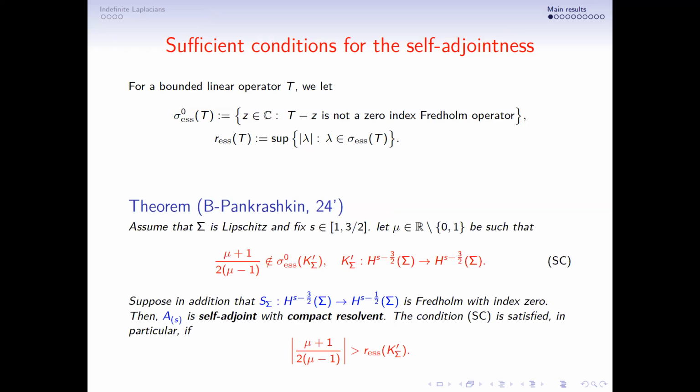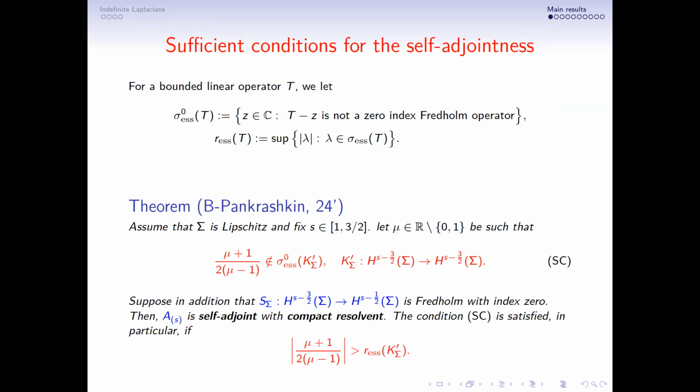So our main theorem is as follows. Assume that sigma is Lipschitz, and we fix a regularity s. Then for mu in this range, we suppose also this condition. We assume that this parameter is not in the essential spectrum of the Neumann-Poincaré operator, which we see as a bounded operator from H^(s-3/2) to H^(s-3/2).